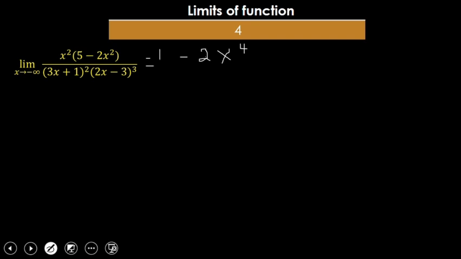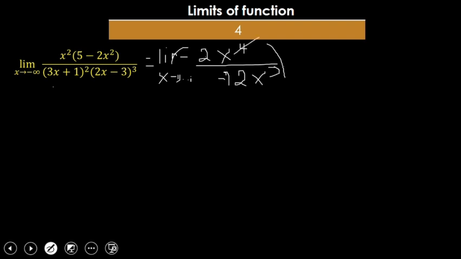That is the limit as x tends to minus infinity of that all over. Multiplying this one, that is 3x square, that is 9, and this one, that is 3 times 8x cube. Multiplying that, that is 72x to the power 5.